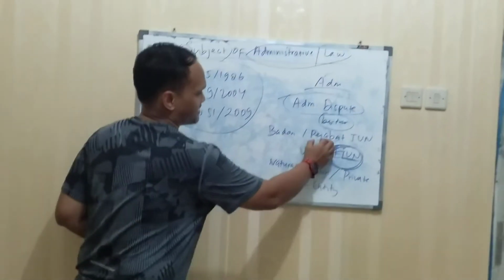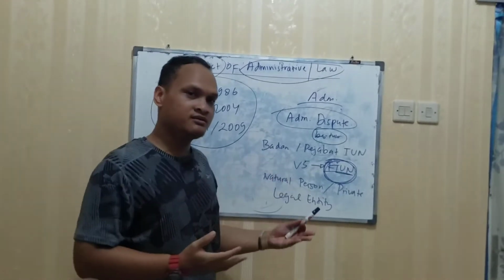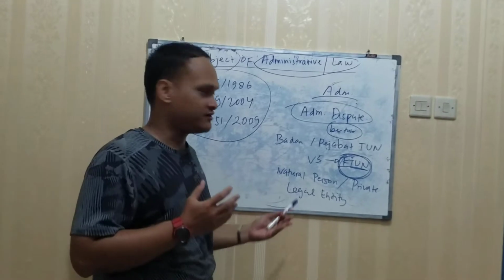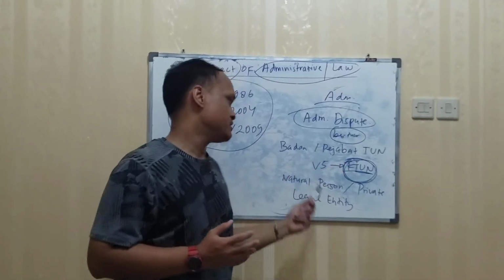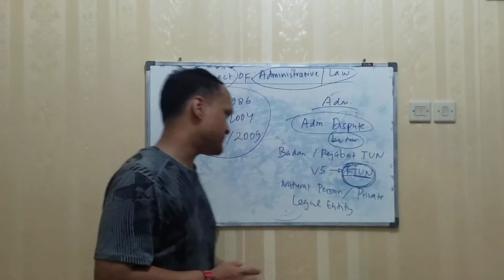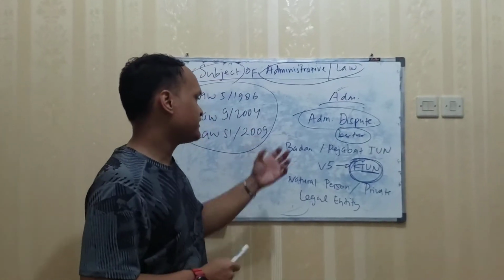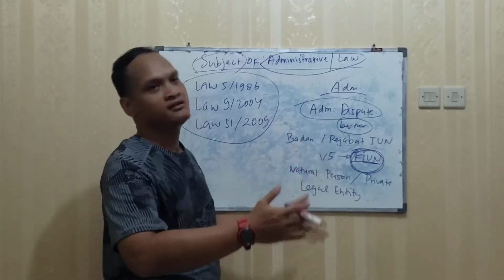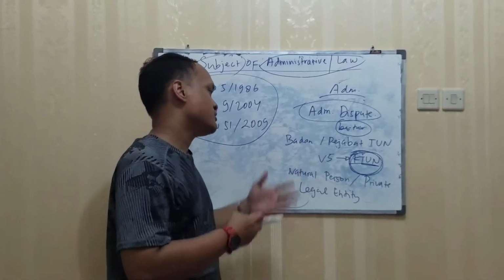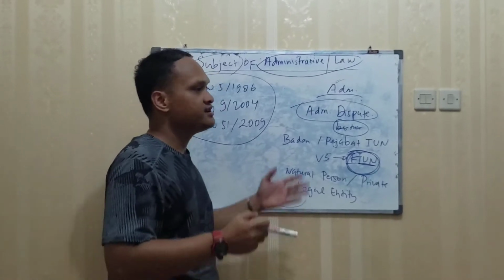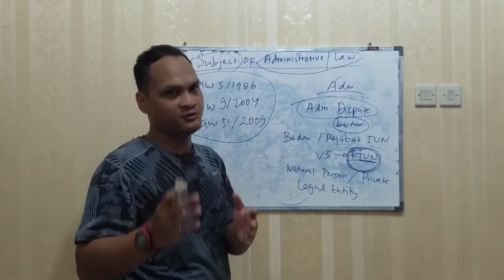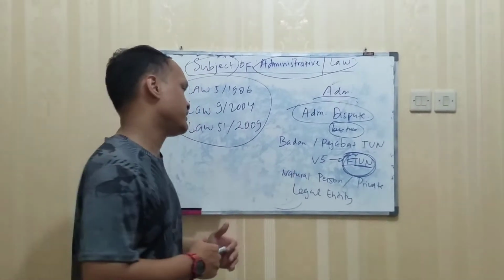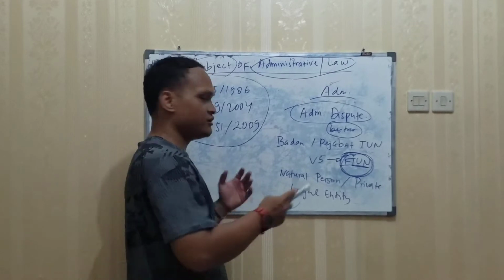So we finish with the understanding about when to define the actions or the officer as badan or pejabat TUN, and when they create the KTUN. So that KTUN brings this disadvantage. Back to the story about the deed of the housing or the land, or maybe the decree of the dismissal of your position in your institution, let's say DPR, for example. So this decision brings you this disadvantage.